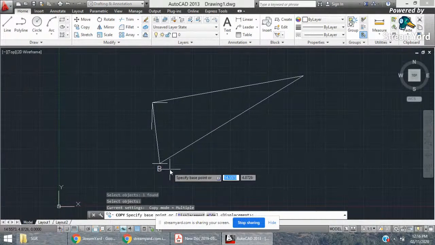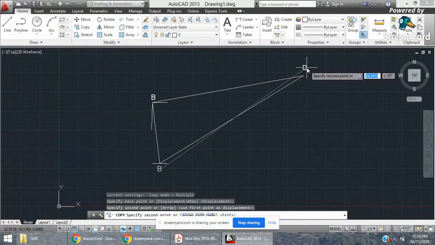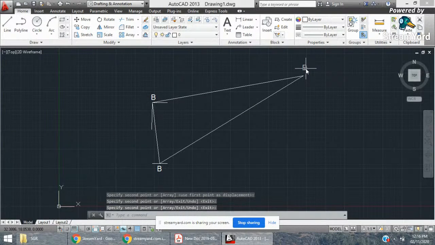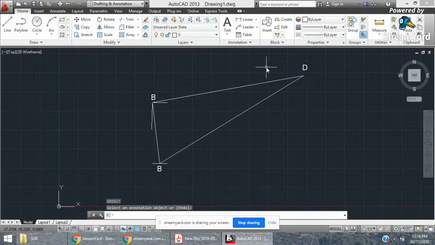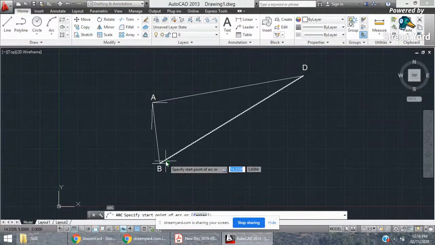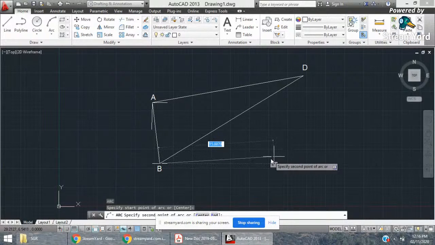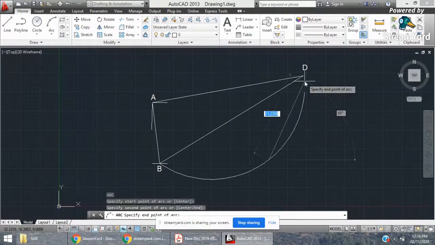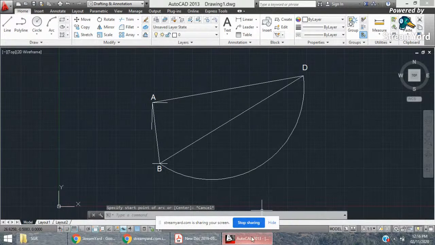So we are copying this point. Now this is A and this is D point. Okay, so this is B point here, and you are getting this as A point. Labeling is very important. So take a center point of this, keep your rounder point here, take the center of this and draw one arc. That is, your semicircle will be made. So this will be your arc. Okay, so this is your first step to draw this.